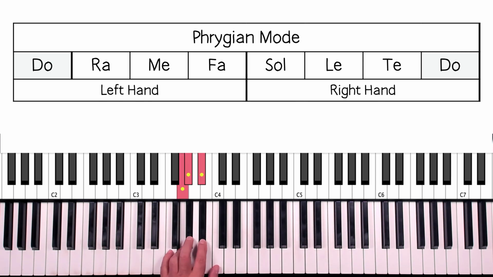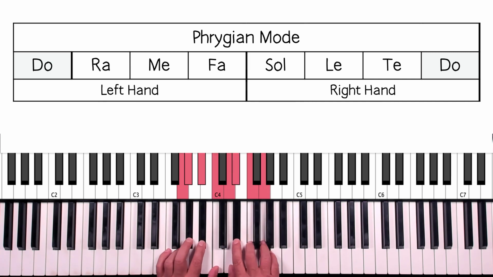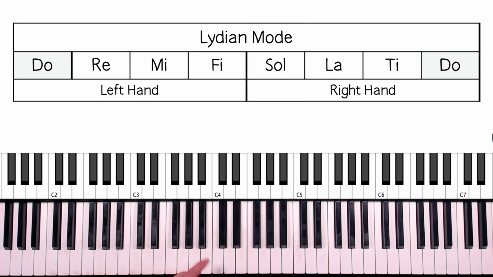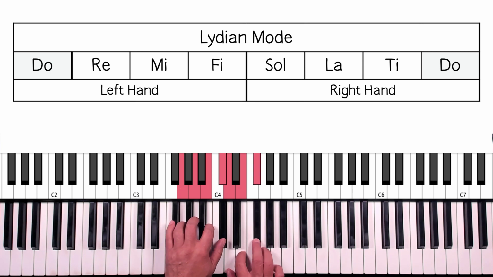Do, ra, mi, fa, sol, la, ti, do. And we play and we sing. And we wait, we relax, we chill, we observe. Now let's go to Lydian mode. We have a sharp 4, Fi. Do, re, mi, fi, sol, la, ti, do.